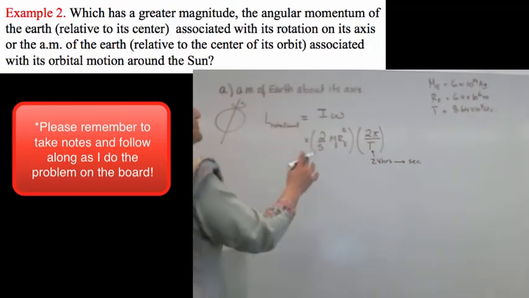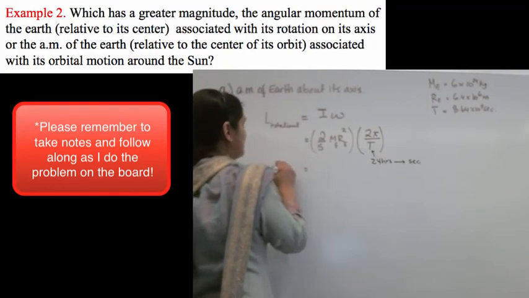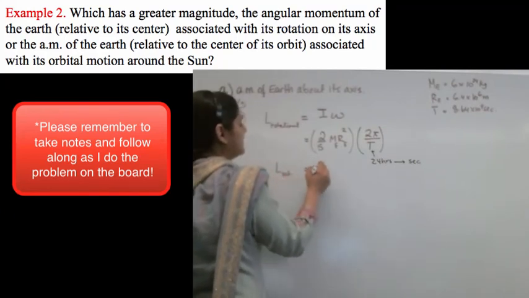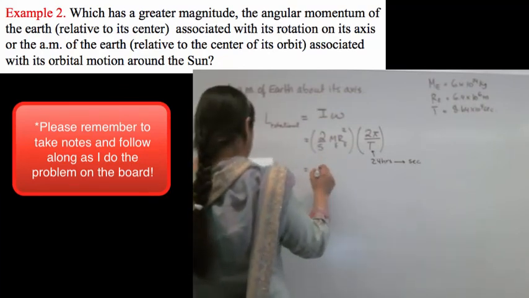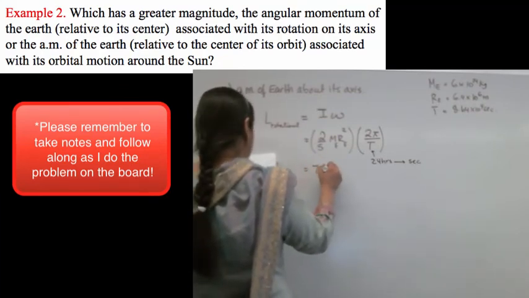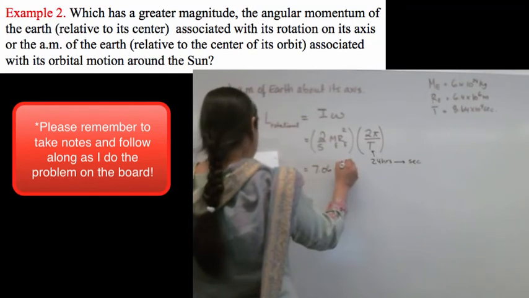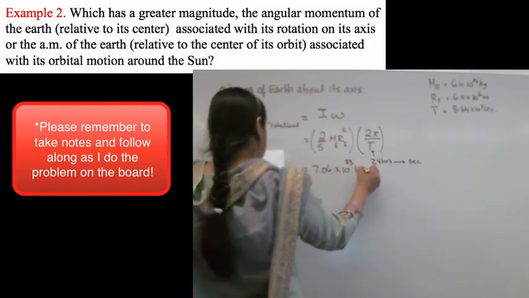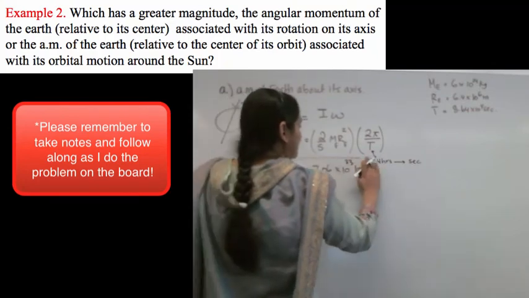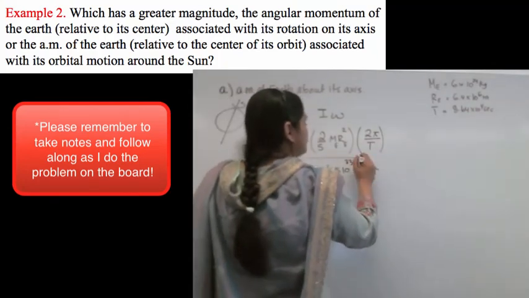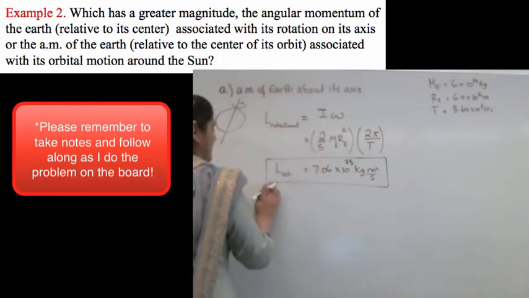Once you have those numbers, you can just simply plug them in. So we will have L rotational of the Earth about its center is going to be about 7.06 times 10 to the 33 kilograms meters squared per second. Okay, here's one of my answers, right?